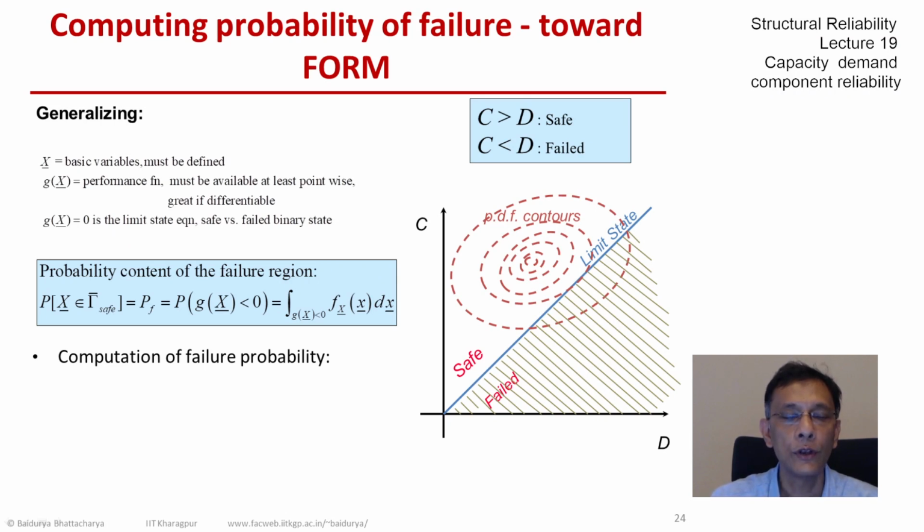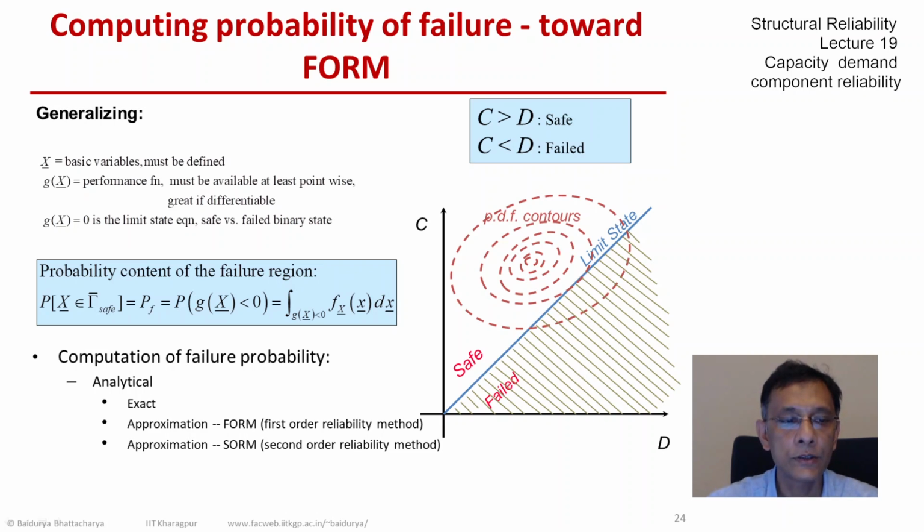What we are going to look at in the next few lectures is to be able to compute the failure probability for such a situation analytically, exact, which we actually did in one or two examples.